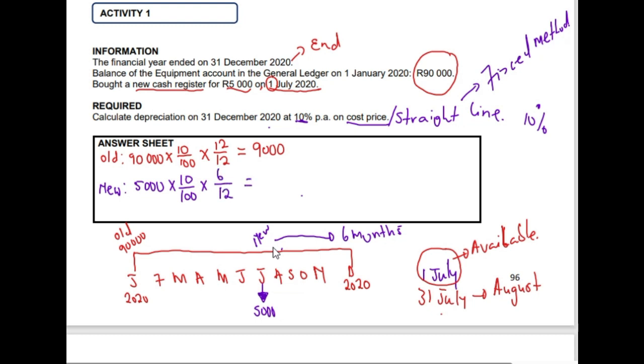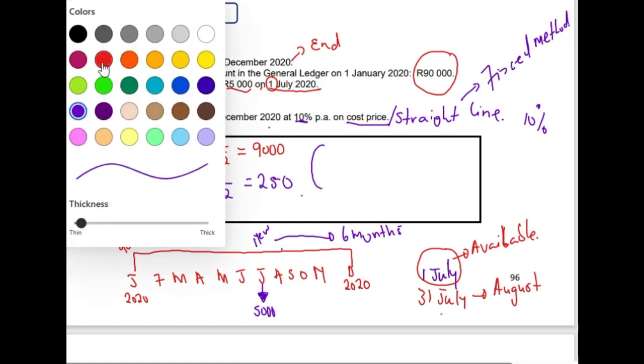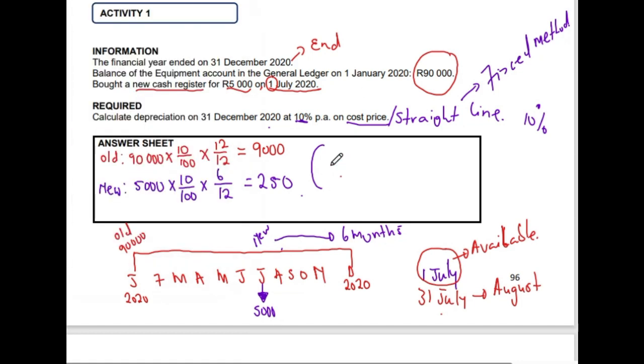And then guys, we're going to say 5,000 multiplied by 10 divided by 100 multiplied by 6 divided by 12, and then it's going to depreciate with how much? With 250. And then the depreciation for the entire year is going to be how much?